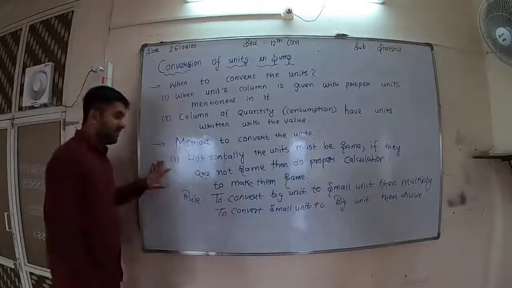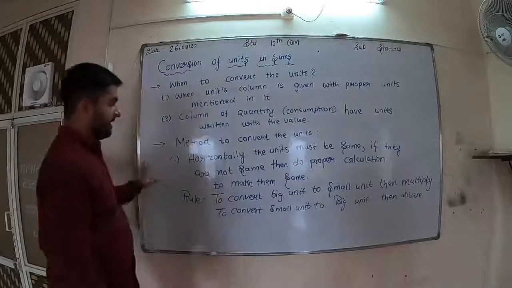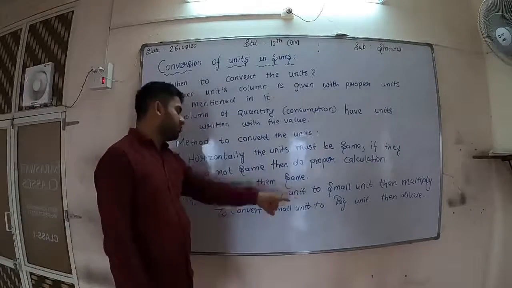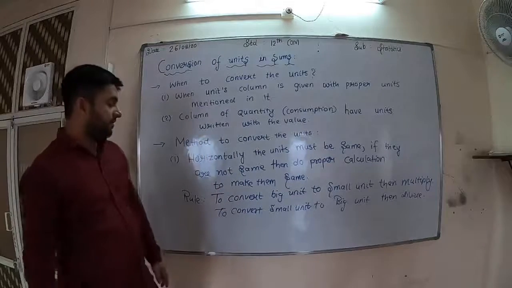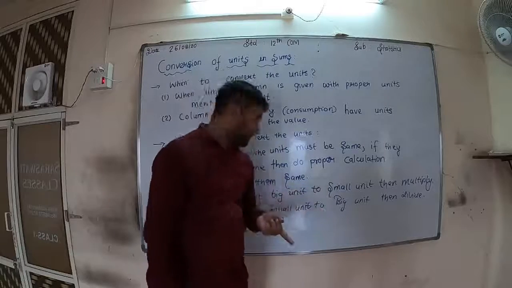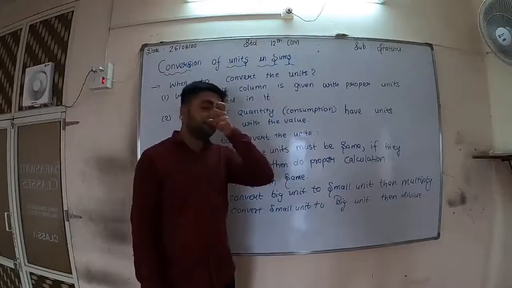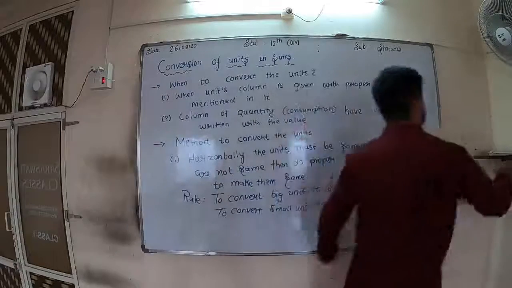So first thing, horizontally the units must be same. If they are not same, then do proper calculation to make them same. Now for that, what is the rule? To convert big unit to small unit, then multiply. To convert small unit to big unit, then divide. So this is the first way.